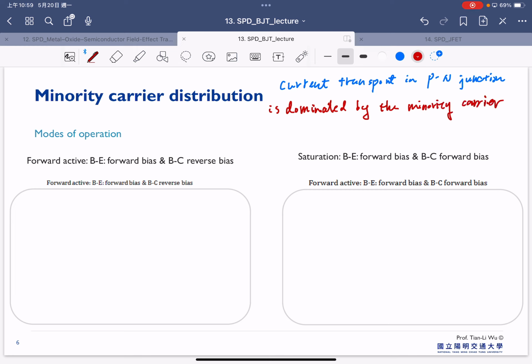So that's why we will focus on the minority carrier distribution rather than the majority carrier, because we already have similar experience from the p-n junctions.